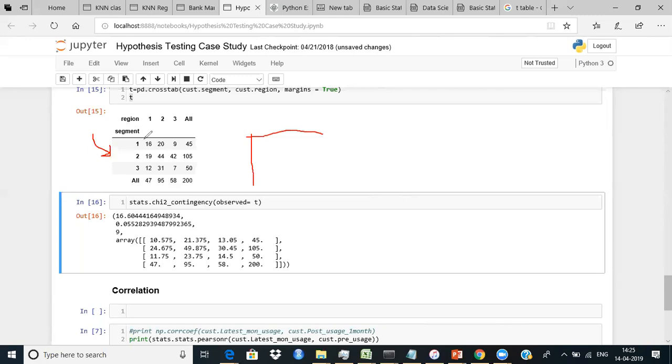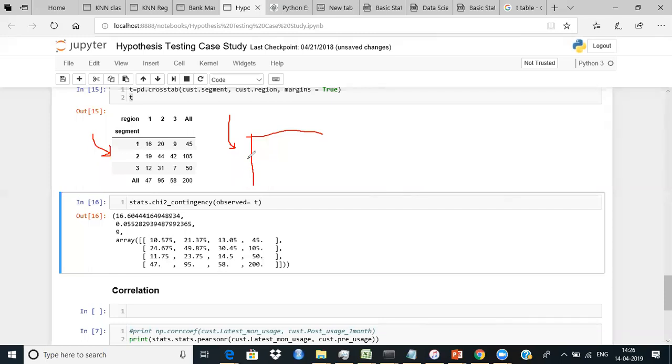It will assume, what if region and segment were independent? How will the numbers look? How will the crosstab look? If they were independent, the crosstab might look a bit different. So it prepares a crosstab under the scenario of independence.